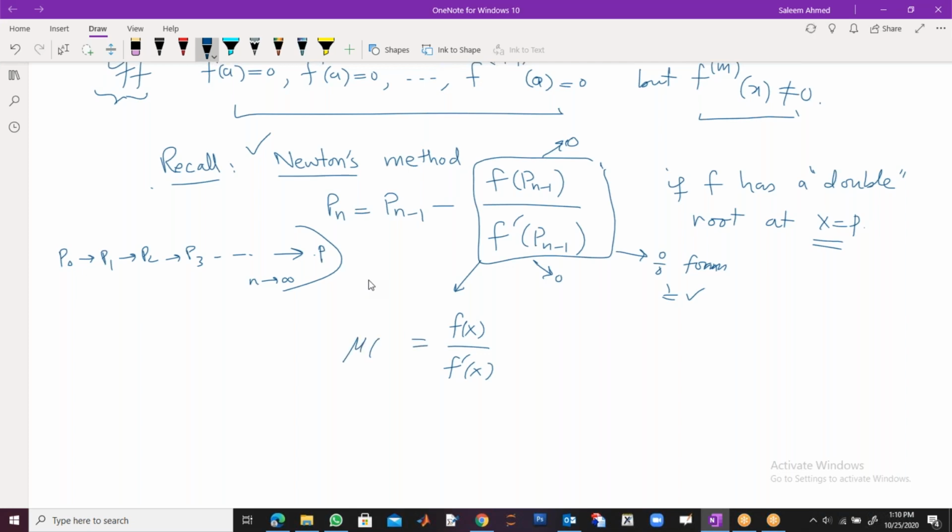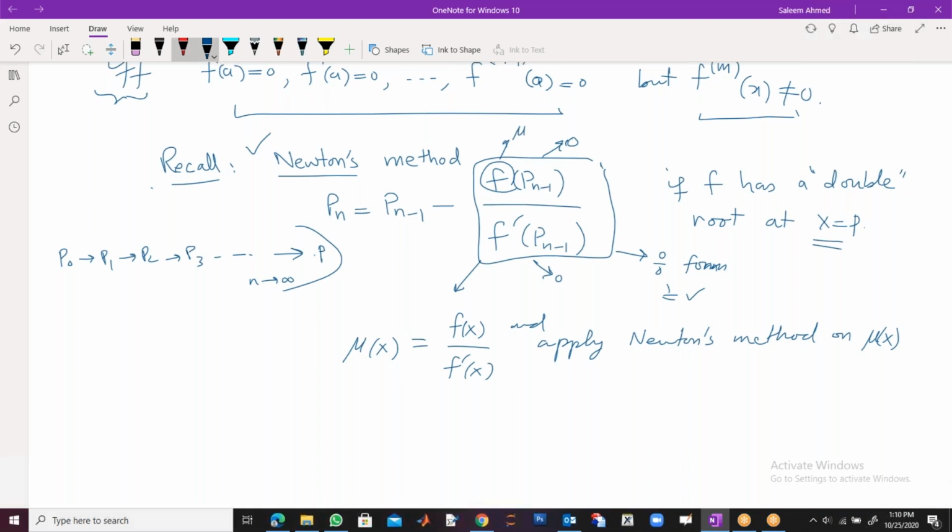Define this function as a new function, let's call it mu of x, and apply Newton's method on mu of x. What does it mean? It means instead of using f here, use mu.